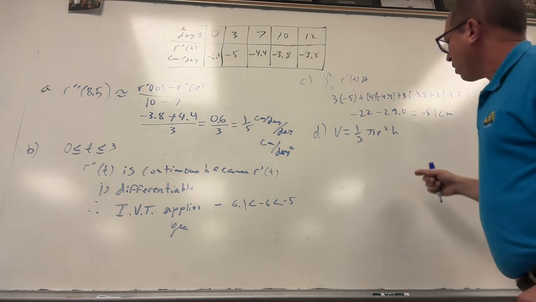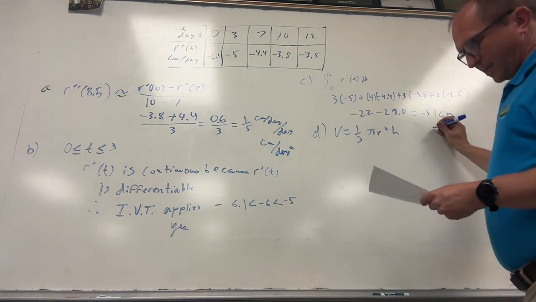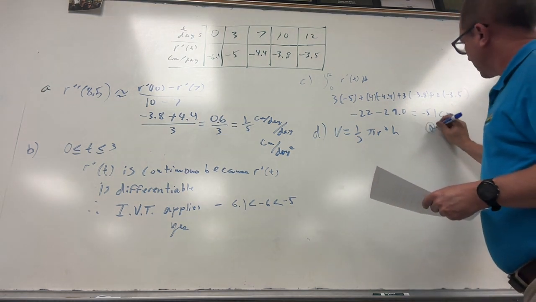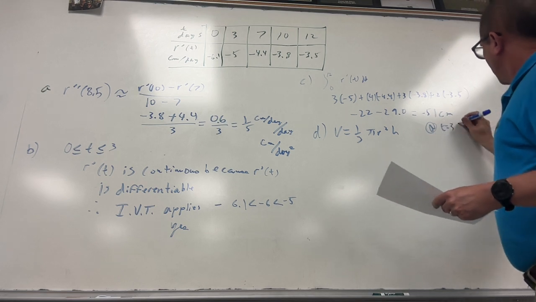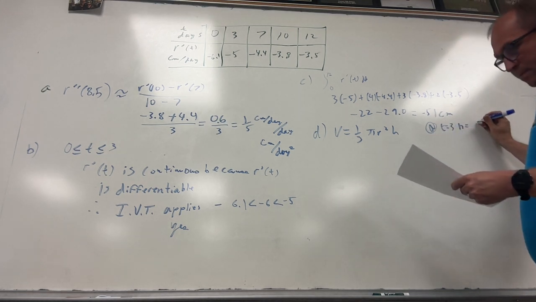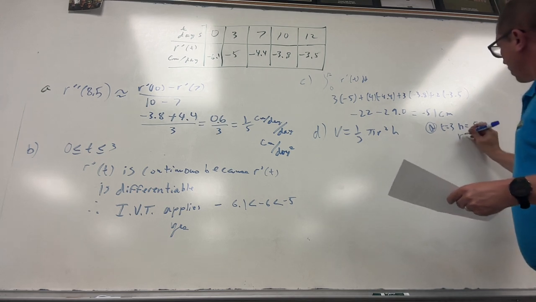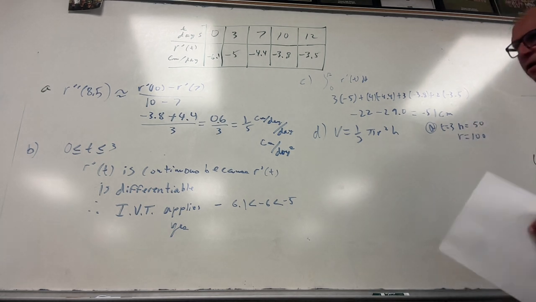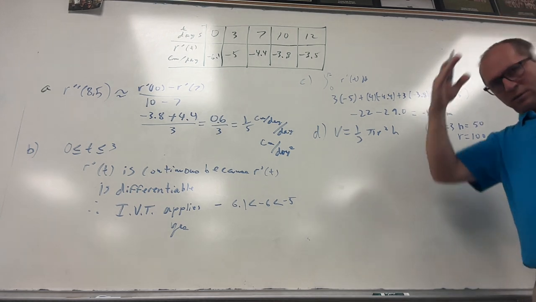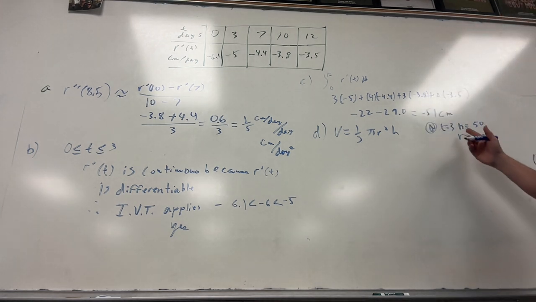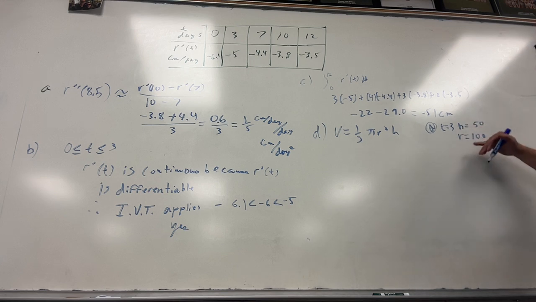In the original problem, they tell us that at t equals 3, h equals 50, and r equals 100. Now, if this cone were a fixed-shape cone, then the radius would always be twice the height. But the radius is not necessarily always twice the height as far as this problem is concerned. We just know it's still a cone.